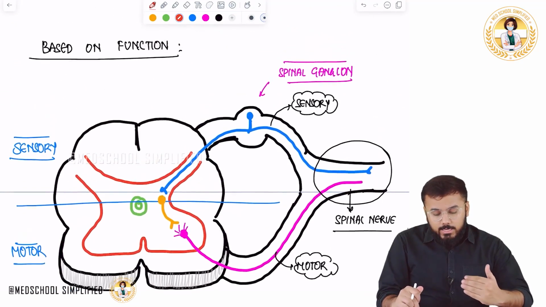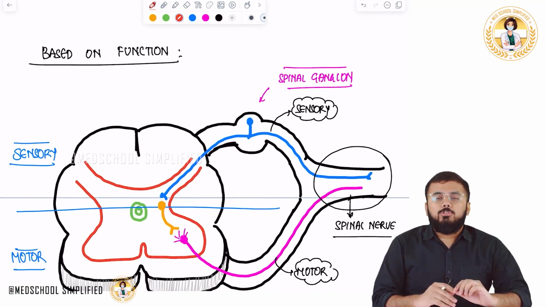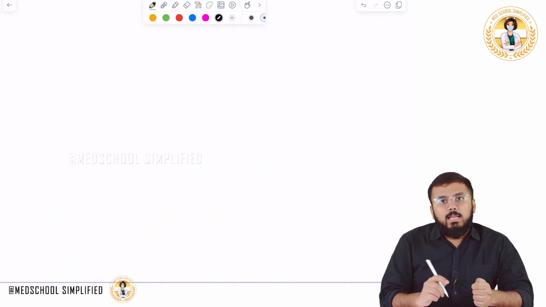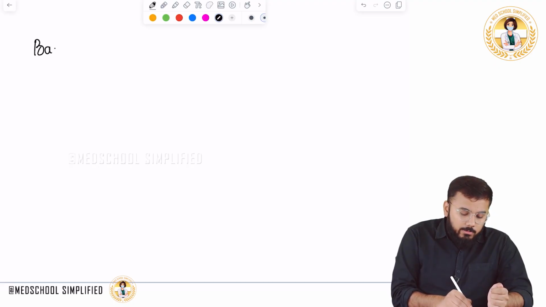So this explanation I've given you is the neuron classification based upon the function. Now what I'll be telling you is the neuron classification based upon the length of the axon.